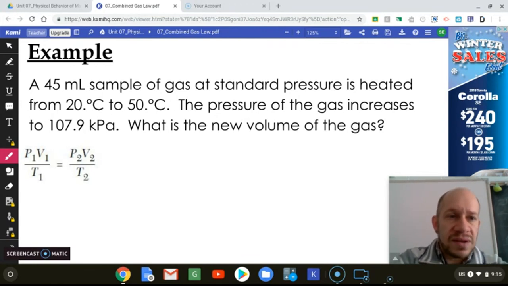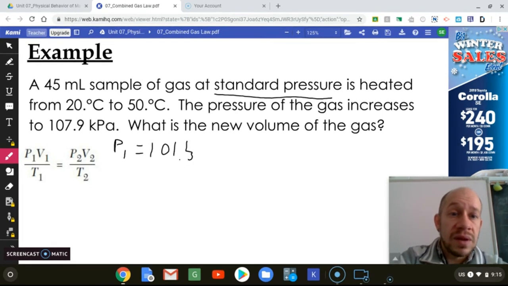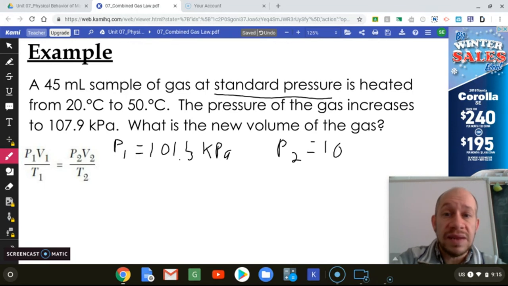So my first thing is I'll list everything. My P1 is at standard pressure. So that's going to be 101.3 kilopascals. The reason I picked that one is because my final pressure is also in kilopascals. So I'm going to leave it in the same unit that I started with.